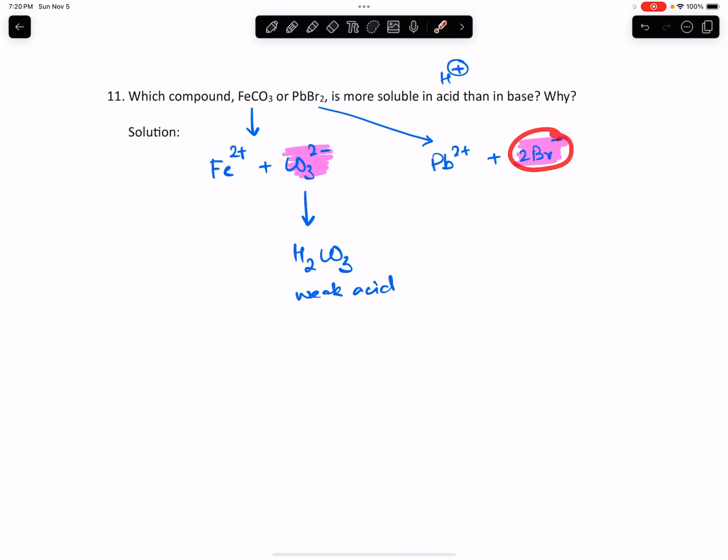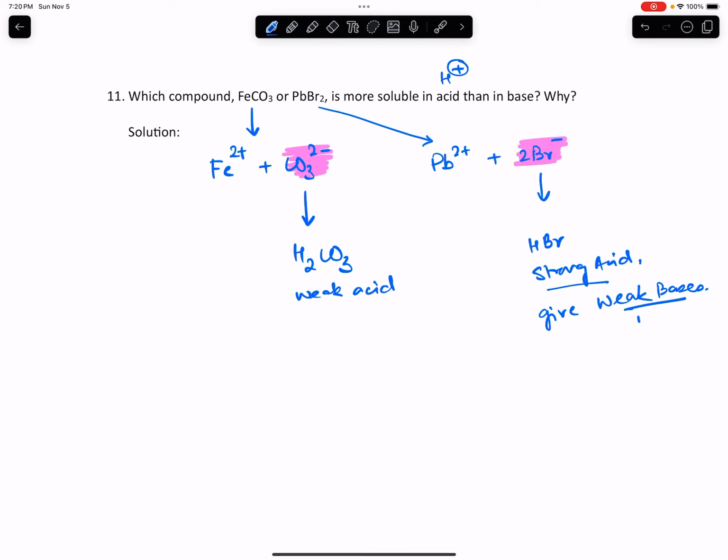And the acid that Br- came from would be HBr, which happens to be a strong acid. Strong acids give rise to weak bases.